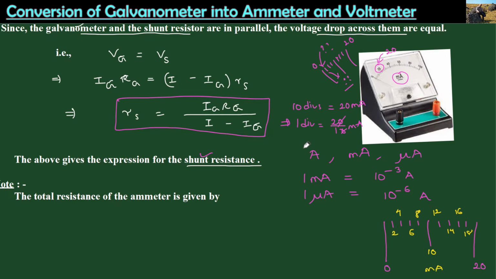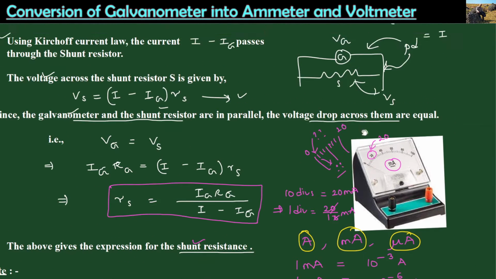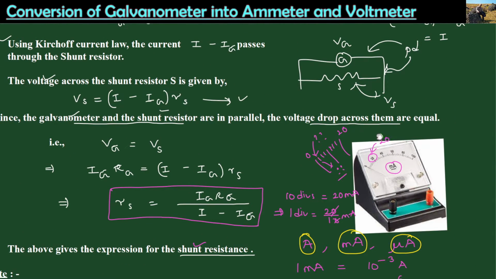Preferably in the lab, you have 3 sets of ammeters: one with ampere range, one with milliampere range, and the other with microammeter range. Another important point we need to focus on is that you need to find out the total resistance of the galvanometer.